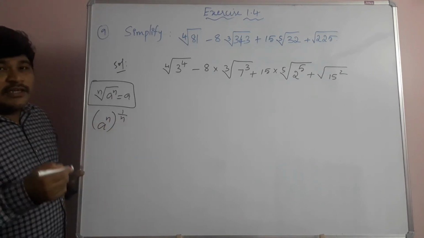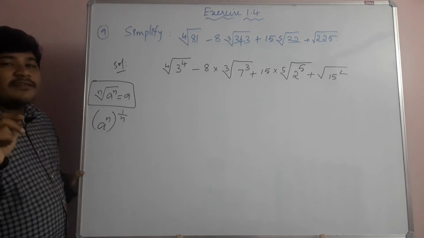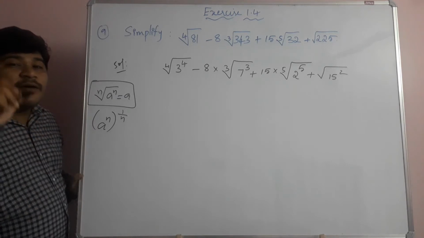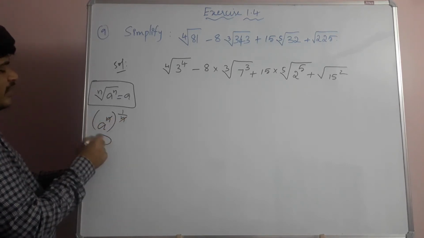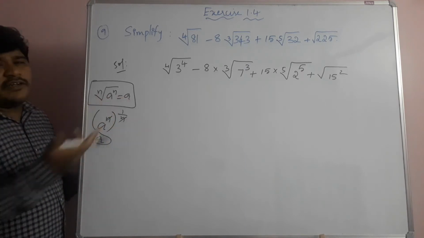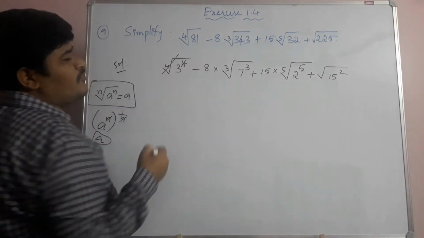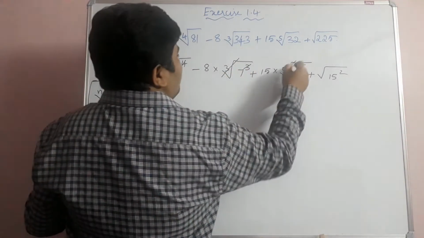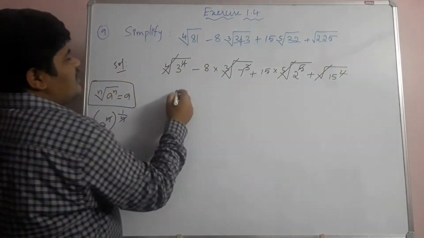In the third definition we learned nth root of a in radical form has exponential form a to the power of 1 by n. So here n and n will get cancelled, finally a will be left. So directly also we can write. Here fourth root power 4 will get cancelled, cube root power 3 cancel, fifth root power 5 cancel, square will get cancelled.